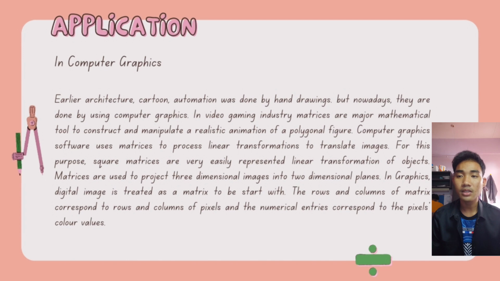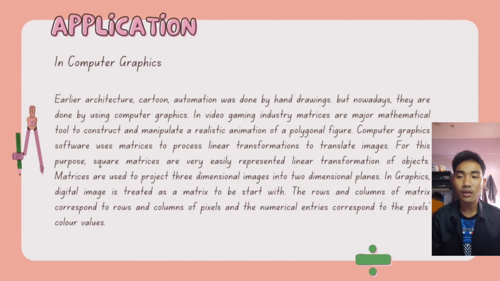Earlier, architecture, cartoons, and animation were done by hand drawings, but nowadays they are done by using computer graphics. In the video gaming industry, matrices are a major mathematical tool to construct and manipulate a realistic animation of a polygonal figure.